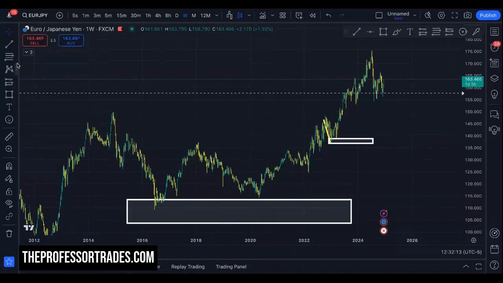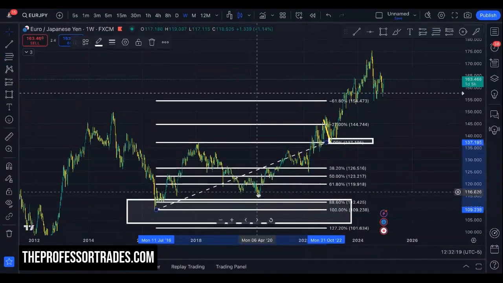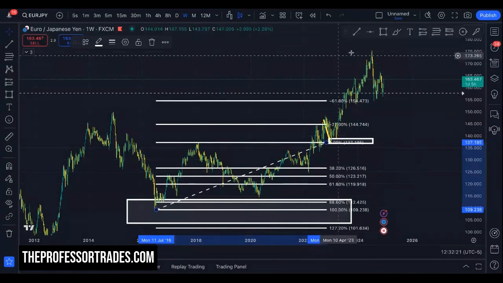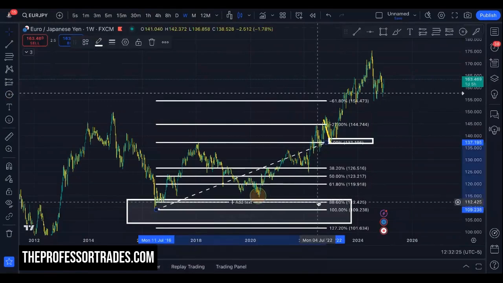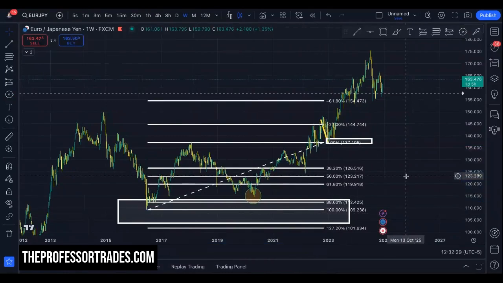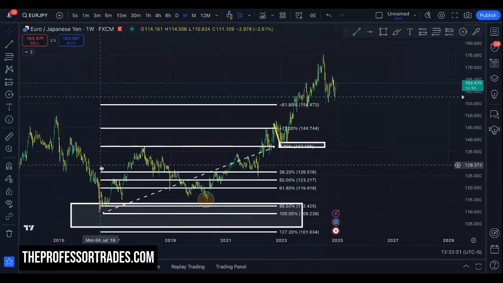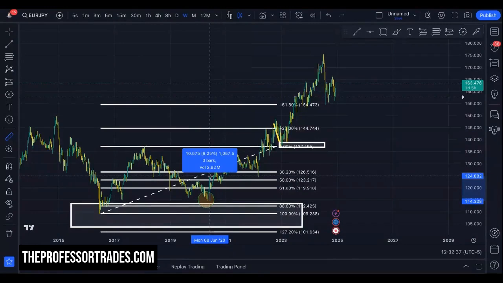This here, look where this initial launch started. Right before the 88.6, it didn't close below the 100. We're taking that weekly trade in 2025 and we'll hold this thing from that was in June 2020.